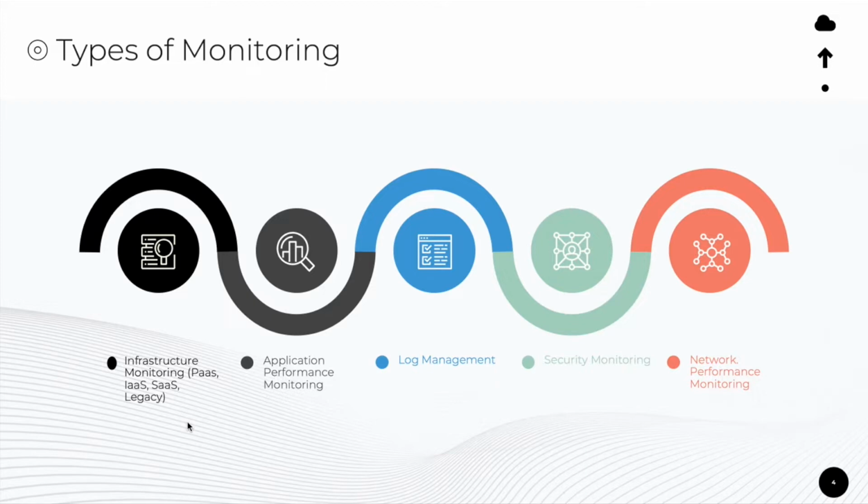Also, monitoring the network performance itself and correlating it with the other monitoring in order to be able to troubleshoot any issues. So with all this monitoring in place, I can have end-to-end visibility, which will reduce the time for troubleshooting.